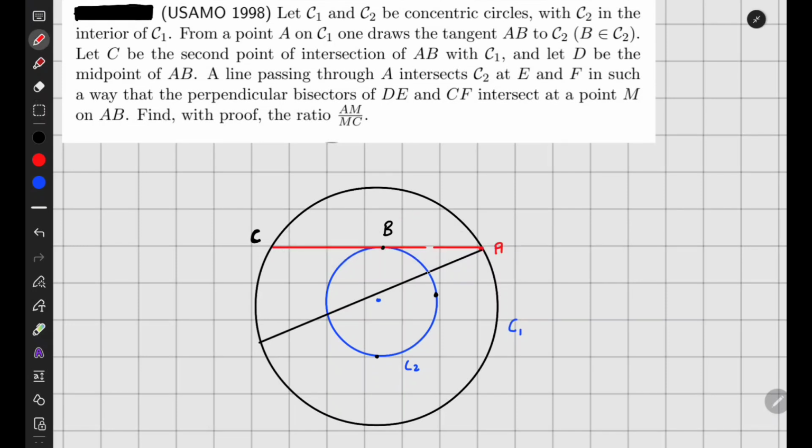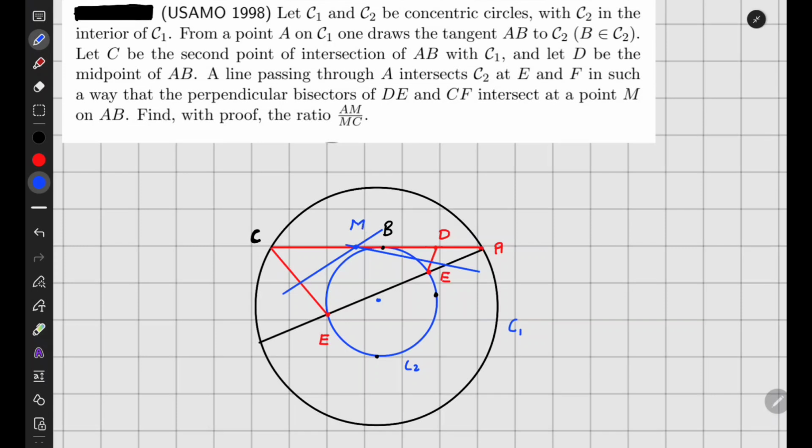Suppose it is E and it is F, right? And it is D. It is DE and it is CF. Then the perpendicular bisectors cut each other at M. So suppose it is our point M, right?